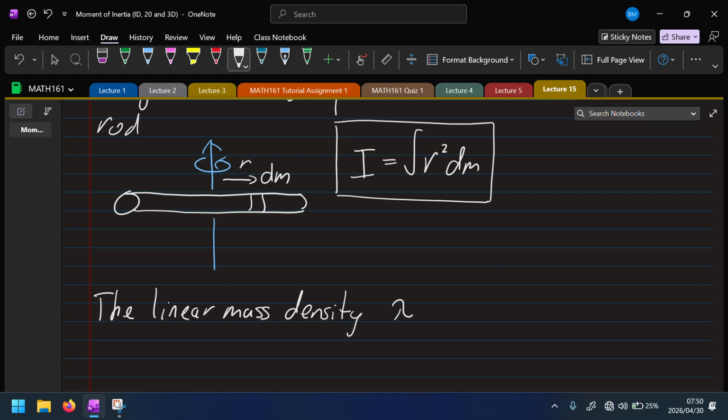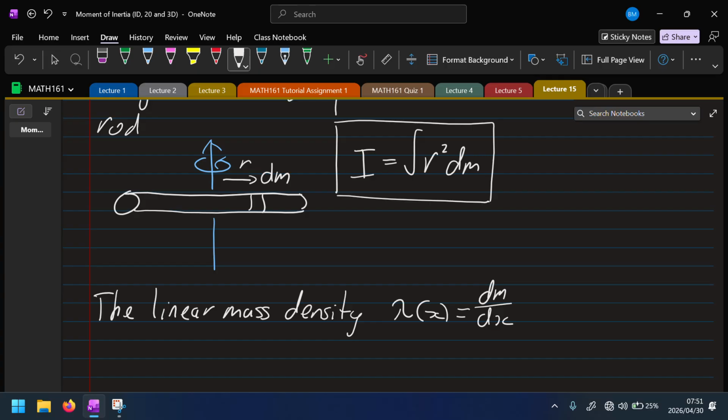We call it lambda. So lambda of x, because the density might change along the length of the rod, is going to be dm by dx. So this dm by dx is the linear mass density. It tells us how the mass changes as we move along the rod.